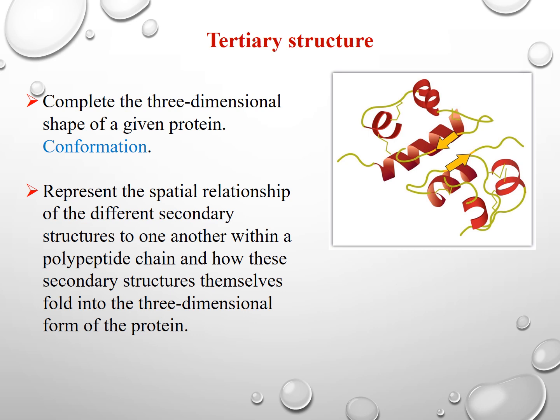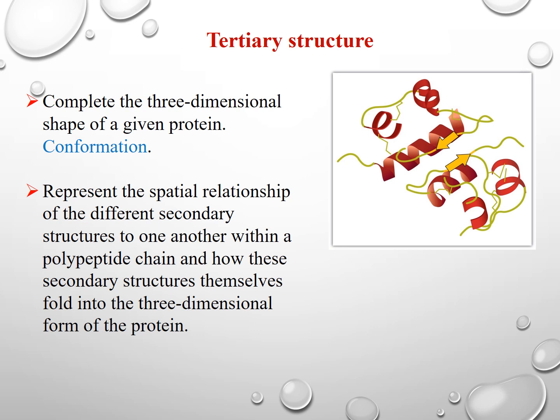It represents the spatial relationship of different secondary structures to one another within a polypeptide chain, and how these secondary structures themselves fold into the three-dimensional pattern to form a protein molecule. Like in the figure, you have seen that the brown or reddish bands are the alpha helical form, and the green lines shown by the arrow are the beta pleated sheets.